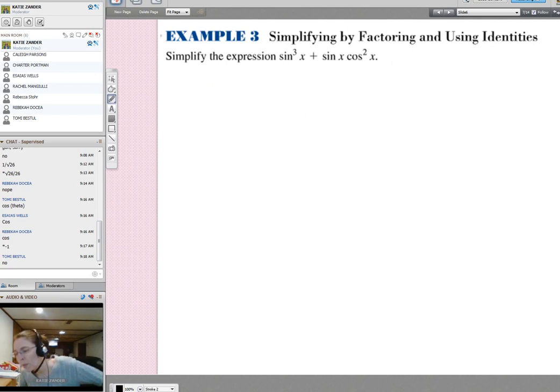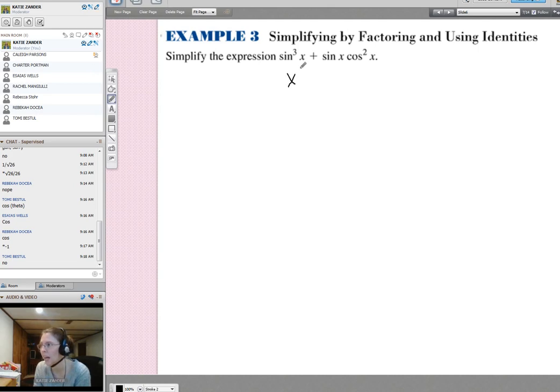All right, some of the problems are going to ask you to simplify, and factoring should come to mind, right? So sometimes it's a little bit hard to actually visualize that, but if you can replace it with variables, maybe it helps a little bit.